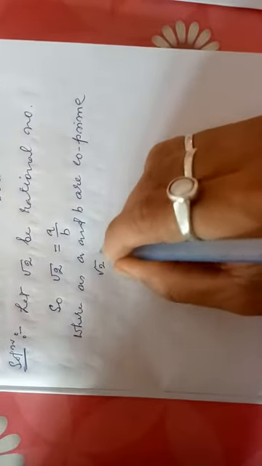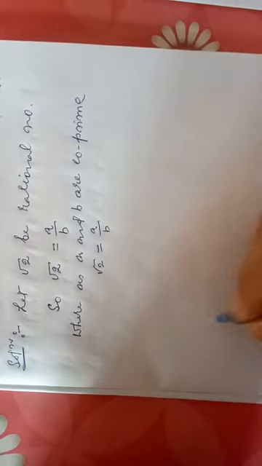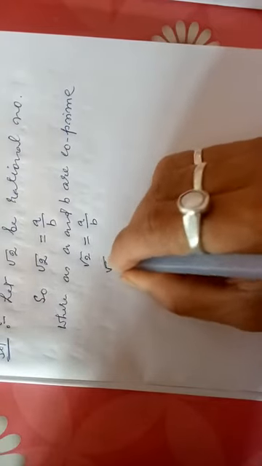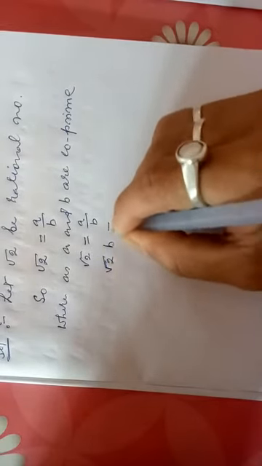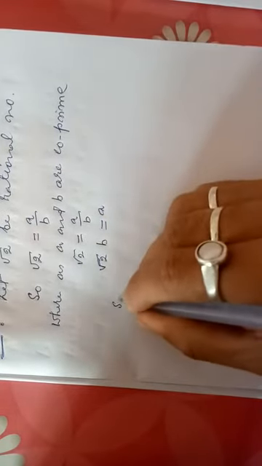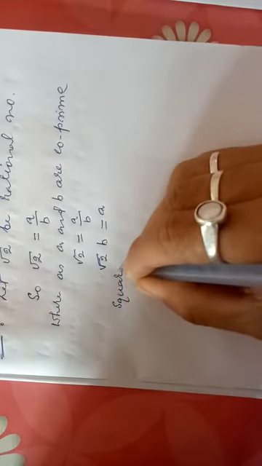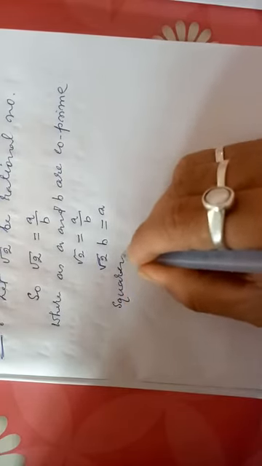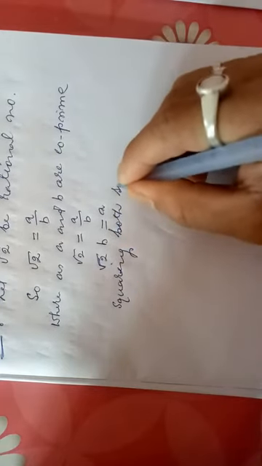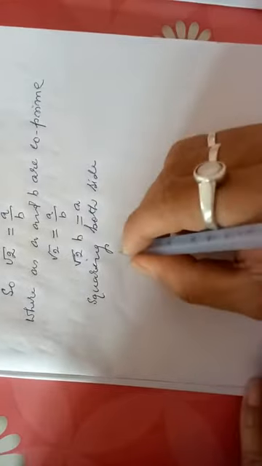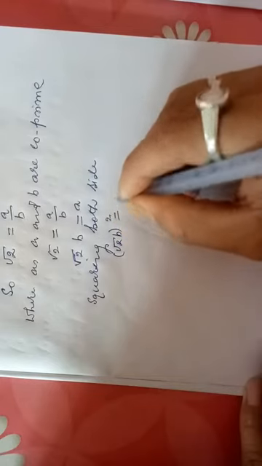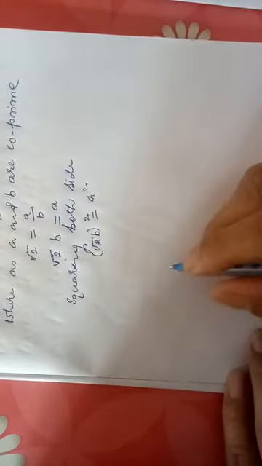So root 2 equals a by b. We cross multiply: root 2 b equals a. Then squaring both sides, what do we get? We get root 2 b square equal to a square.